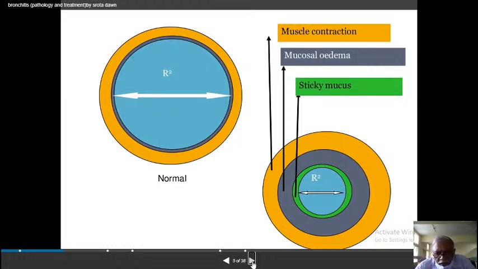You see, one is the sticky mucus, and then it becomes mucosal edema, and then muscle contraction will be abnormal and goes into spasm, whereas you see the normal bronchial cross-section will have a greater lumen than the bronchitis patient.